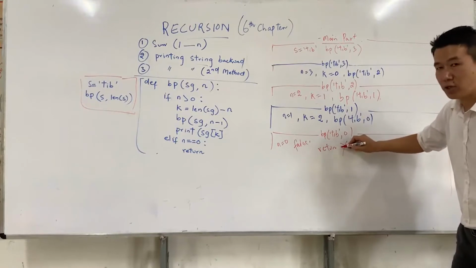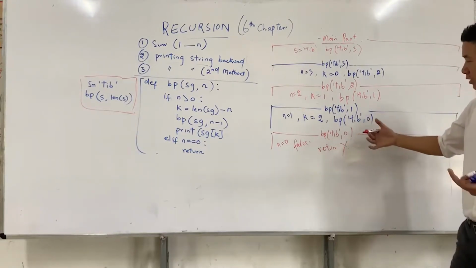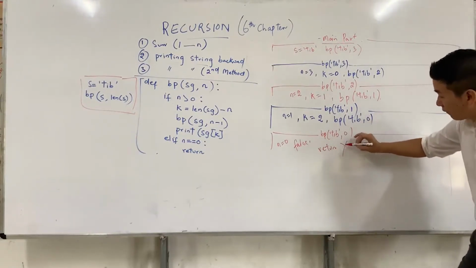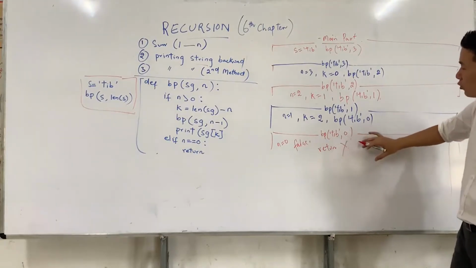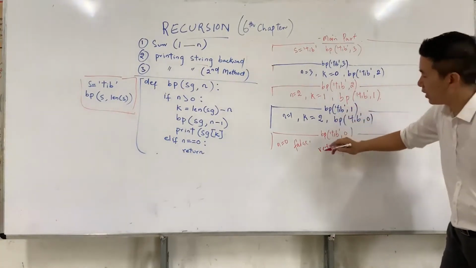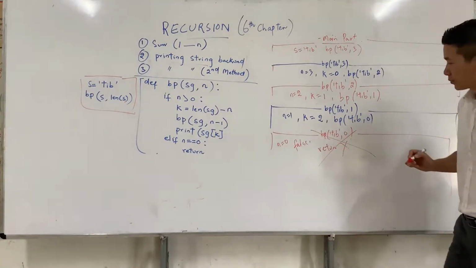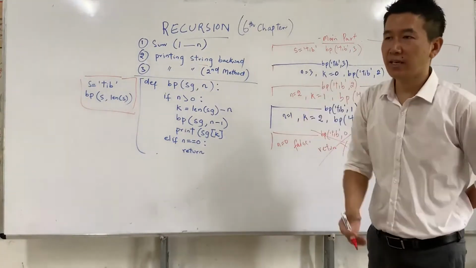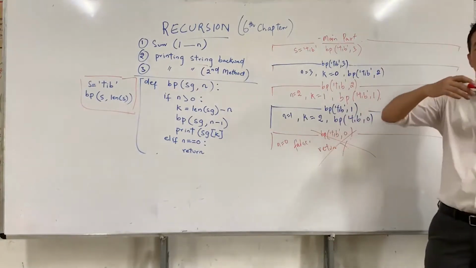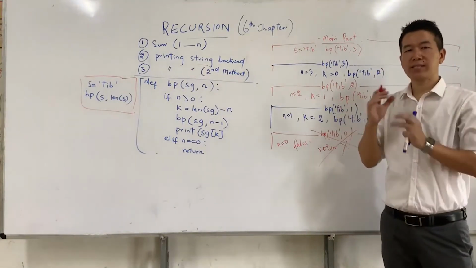It's a little weird for me, but a value is being returned, and this value will replace the function call, and then this frame will be off the stack. Technically, this particular frame will be popped off the stack.